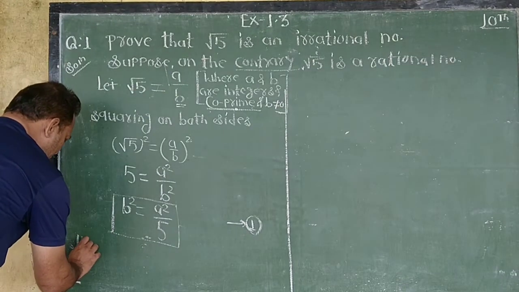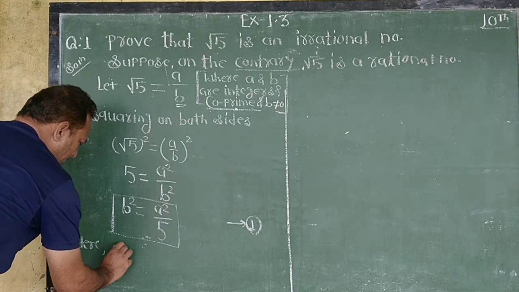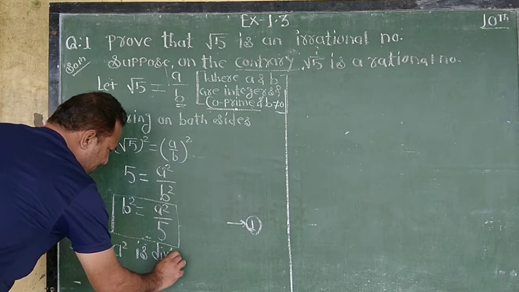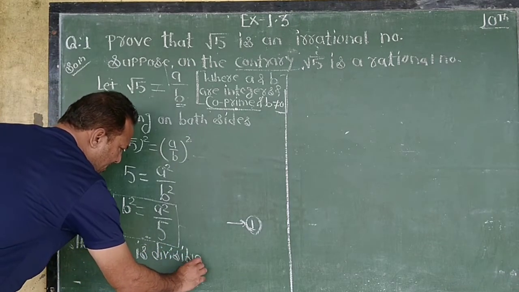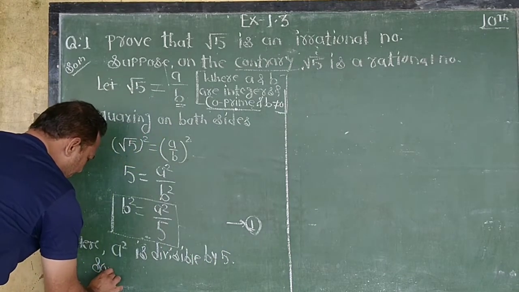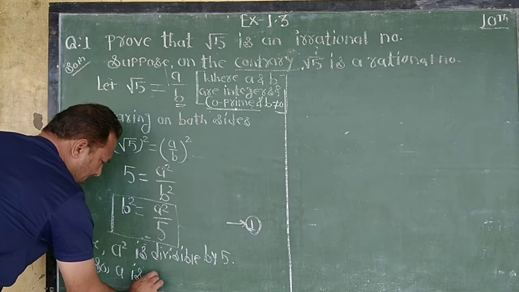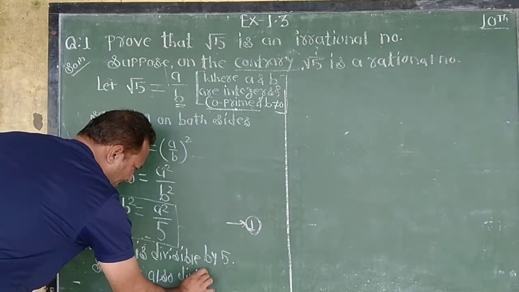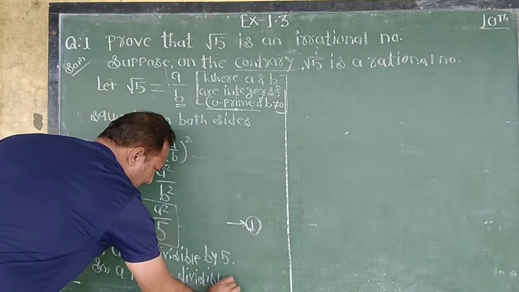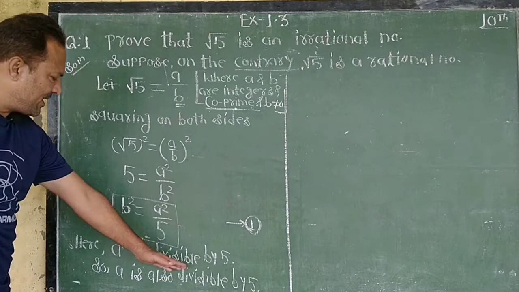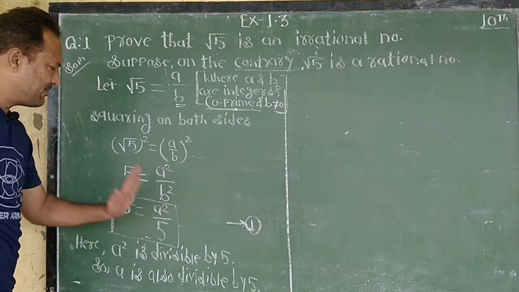Here a square is divisible by 5, so a is also divisible by 5. A square is divisible by 5 means a is also divisible by 5.